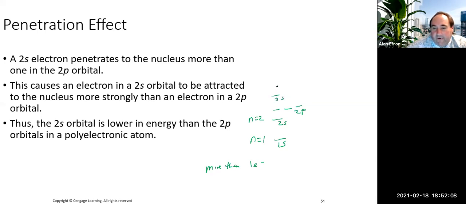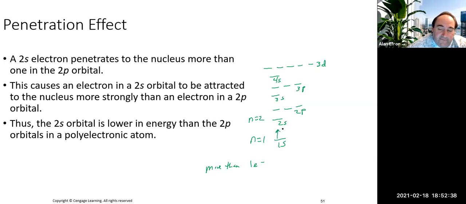We then have our 3p. And then oddly, we actually get the 4s being next lowest in energy, followed by the 3d. So there's a shift in the energy of these orbitals when we have more than one electron present. And that's going to determine how the electrons actually go in.